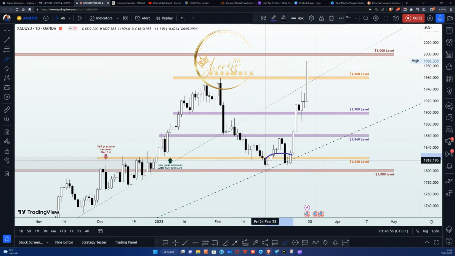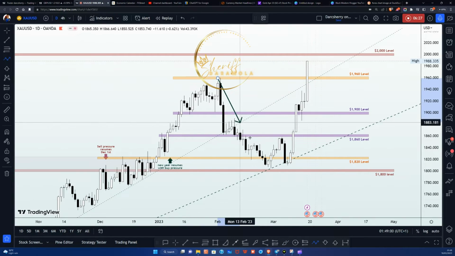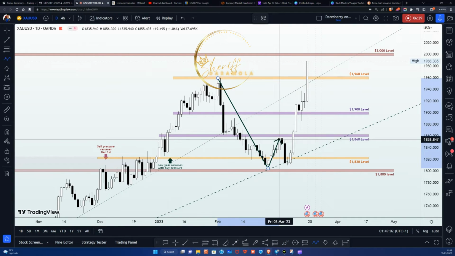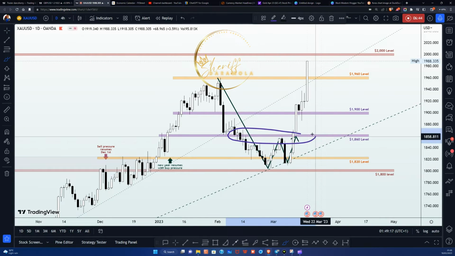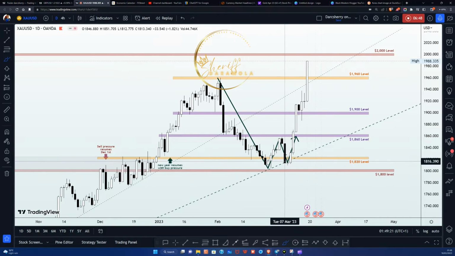We saw buy pressure resume around that area, where price action transitioned into a reversal pattern in the form of a double bottom structure. As you can see here, price was unable to break the previous low, giving us a beautiful setup in anticipation of bullish momentum, where the $1,860 level happens to be the neckline of that reversal pattern.